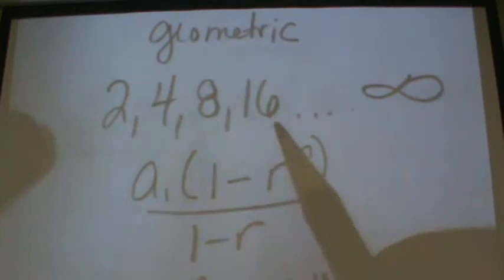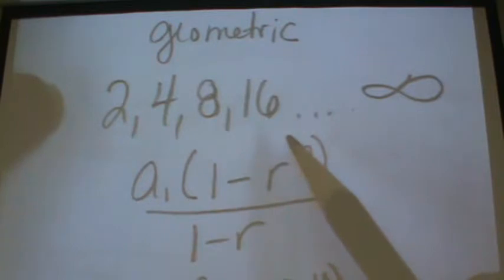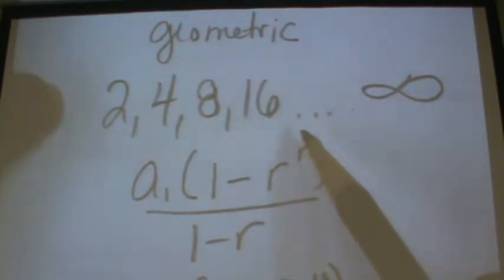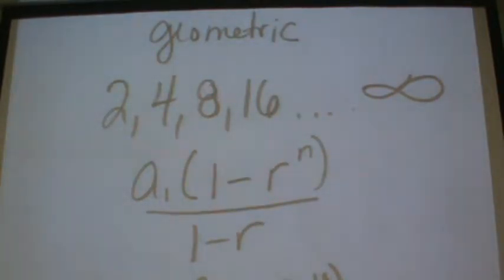Okay, so if the R value is bigger than 1, like this one, this diverges. Don't do it. So if the series converges, you can find the sum. If it diverges, don't. This is how I remembered it: if it converges, you can do it.